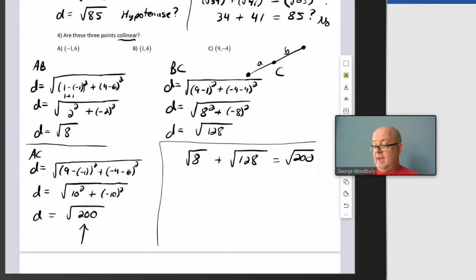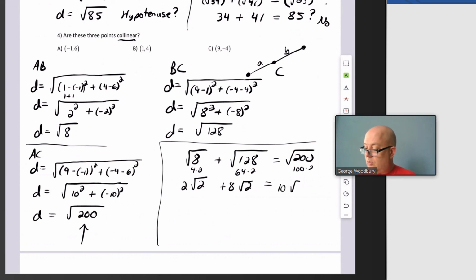The square root of 8, 8 is 4 times 2, so that becomes 2 square root of 2. 128 is 64 times 2. We know the square root of 64 is 8, so that can come out, 8 square root of 2. Finally, 200 on the right-hand side equals 100 times 2, and we know the square root of 100 is 10.